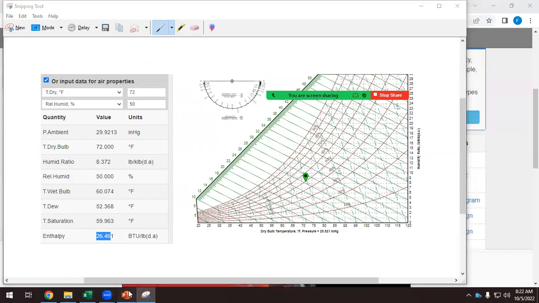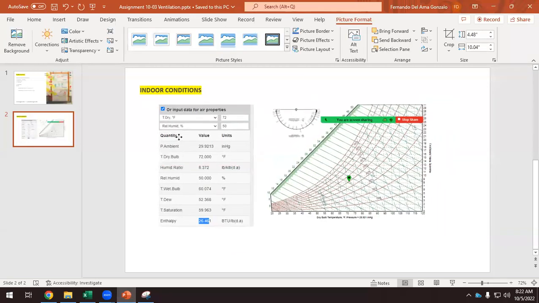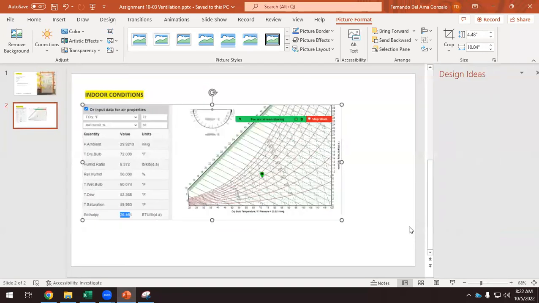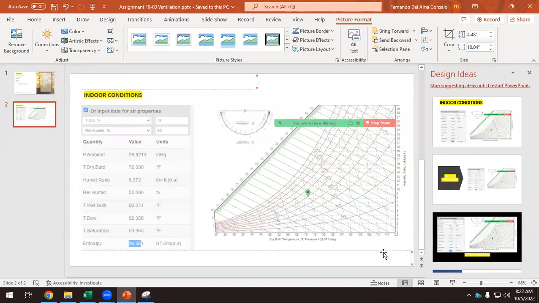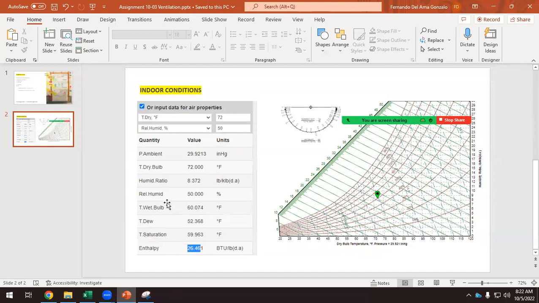Yeah, I think that's better. So we'll paste it here again. Okay, here we have the wet bulb temperature 60, the enthalpy 26.46. So those are indoor conditions.